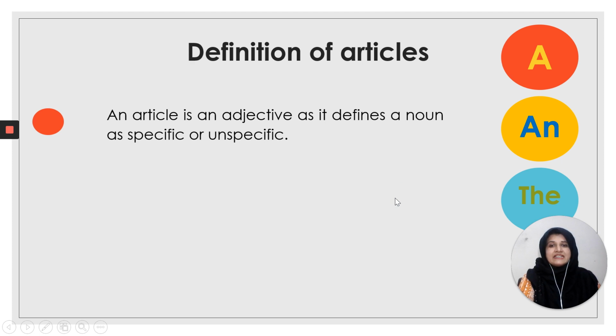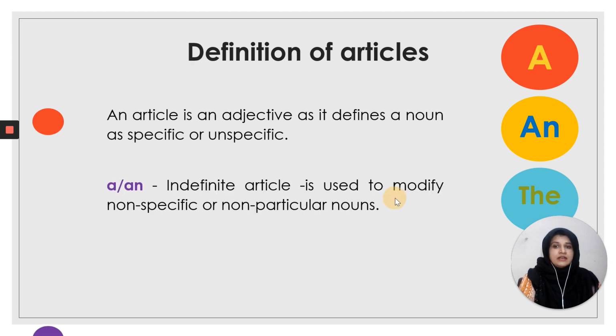Okay, an article is an adjective as it defines a noun as specific or unspecific. So basically what an article is doing is making our noun specific or general. We have two types of articles. A or an are called indefinite articles, and they are used to modify a non-specific or non-particular noun.